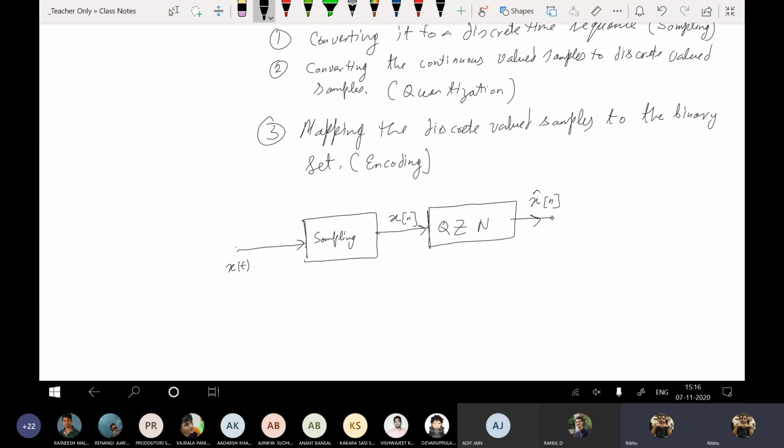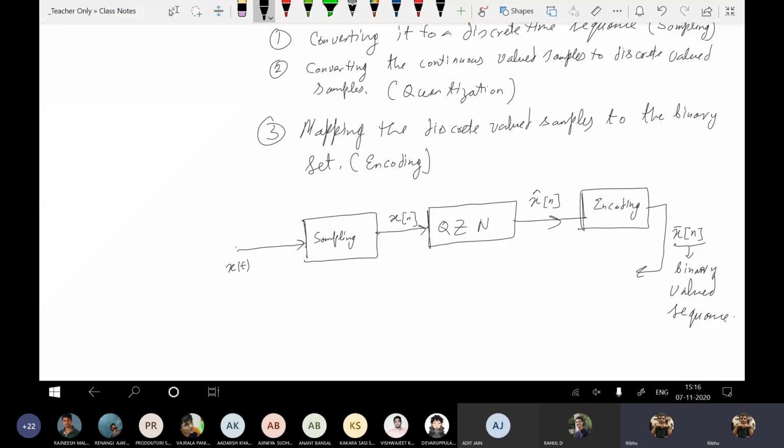What is x hat[n]? We'll make this clear when we reach this point. And then encoding, and I get binary. Fine.